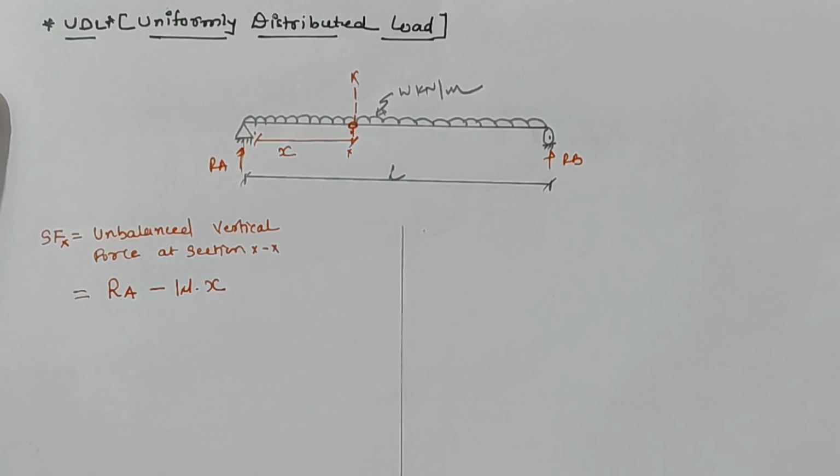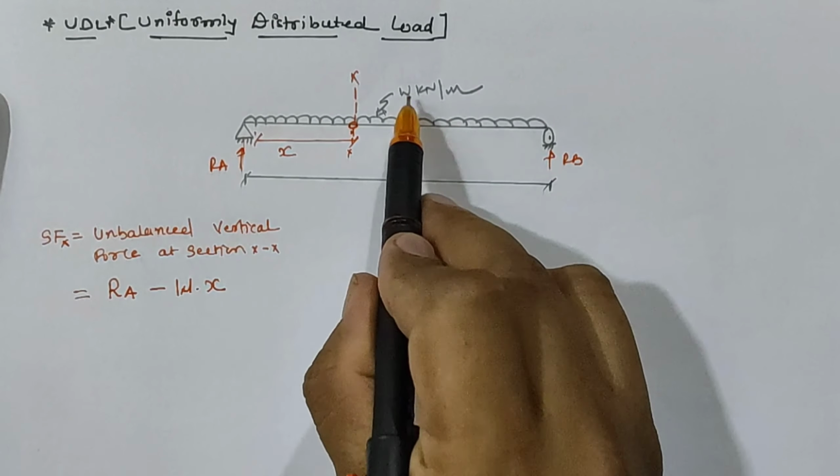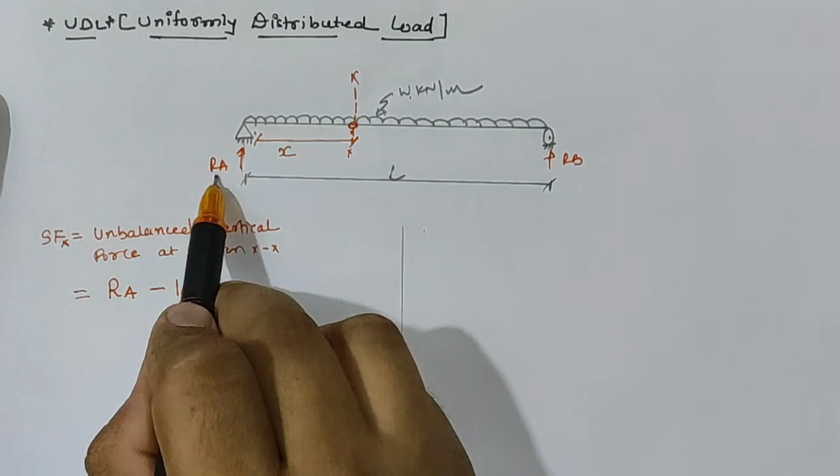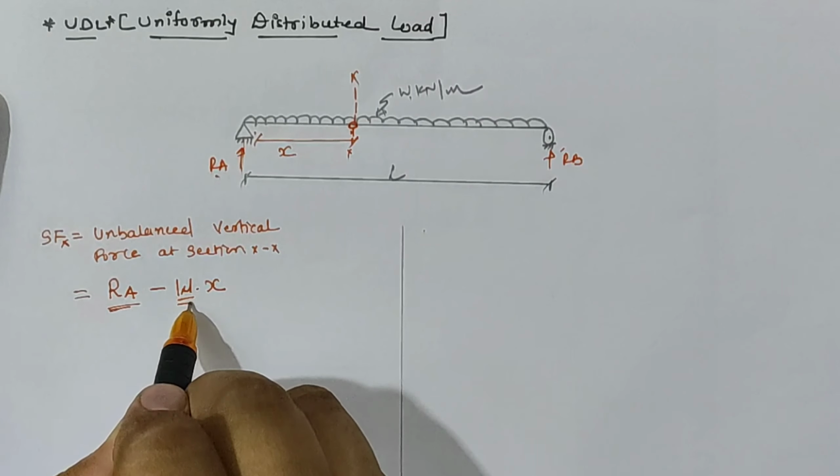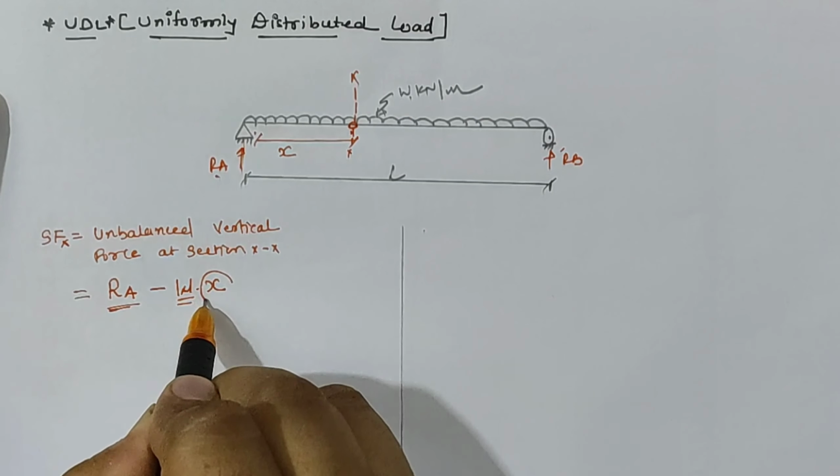Now for any types of example for the calculation of shear force and bending moment, we will have the value of W, as well as from the solution we will get reaction value. It means that RA is known to us as well as W is known to us, where x is the variable.